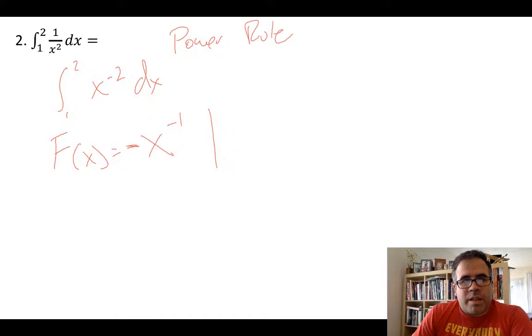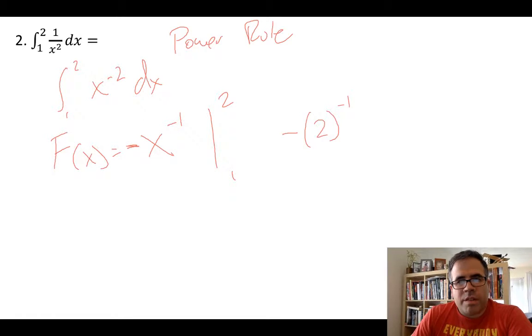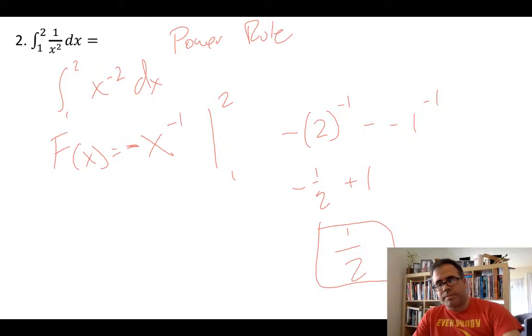We then evaluate that from 1 to 2 by going -2 to the -1st minus -1 to the -1st. This becomes -1/2. This just becomes +1. -1/2 plus 1 is 1/2. And that will be our answer for this one.